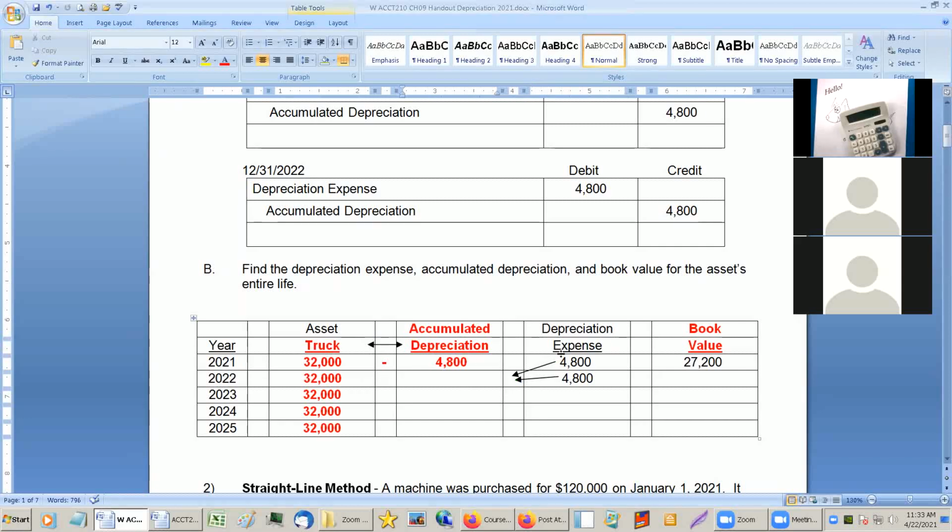So this will be 9,600, 4,800 plus 4,800.